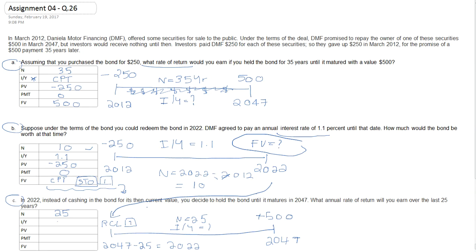IY is what you need to compute. PV is what you just used from part B, so recall what I saved as 1. PMT is 0, and FV is 500. So you do this and you will be able to compute for IY.